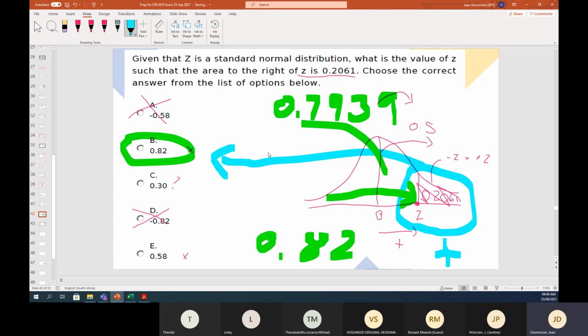It's very easy, because in the negative table, you can just say minus 0.82 and not realize you need to still turn it into a positive. So that is how I would have done it in the exam, to make it as simple for me not to make mistakes. Okay, questions on this one?